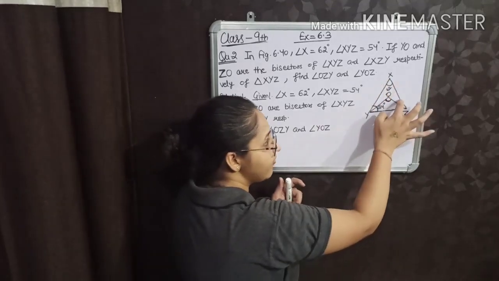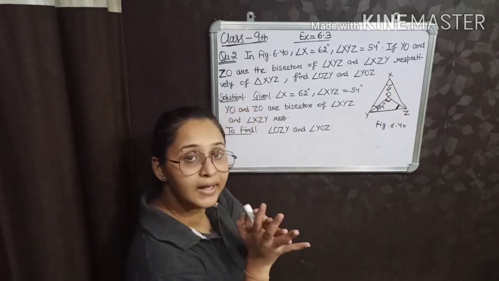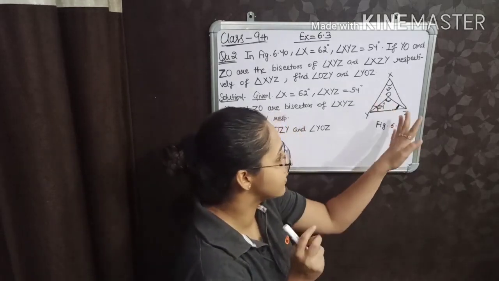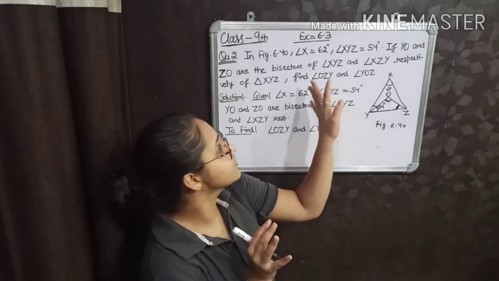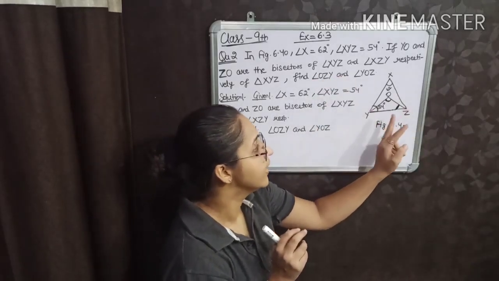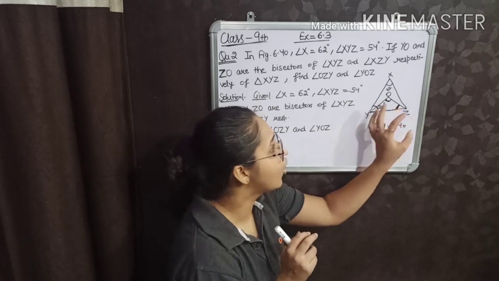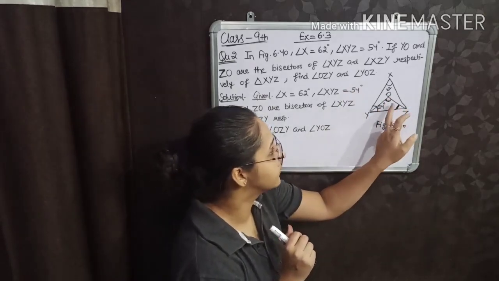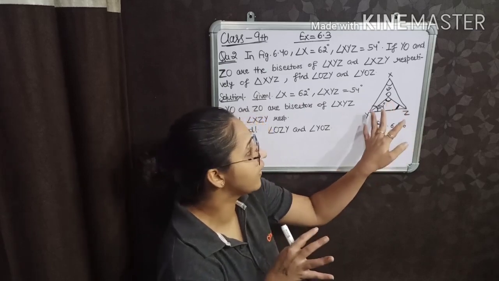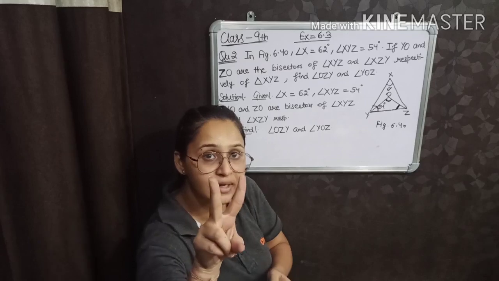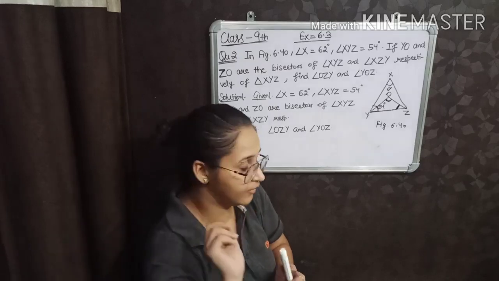So you can find the third angle by angle sum property for triangle XYZ. Now first you see that you have to find angle OZY, means this angle of smaller triangle, and angle YOZ, this angle of again small triangle. You have to find two angles of small triangle.